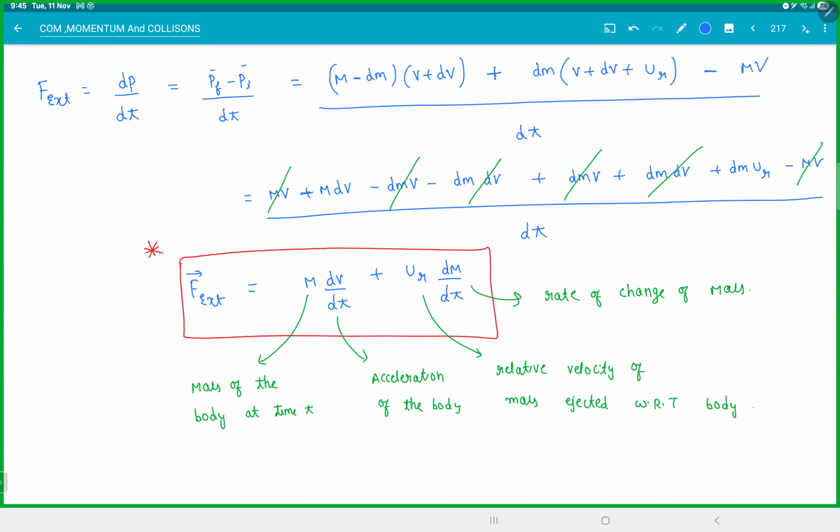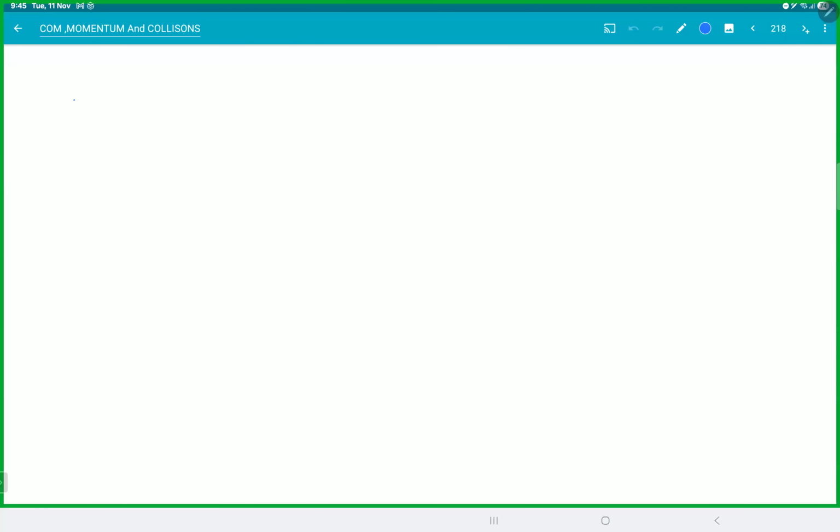Now this equation, what happens if there is no external force acting on the body? If F external is 0, so let's say on that body there is no external force acting, then you get 0 is equal to m into dv by dt plus u relative into dm by dt. So this will become m into acceleration. This will be minus u relative into dm by dt.